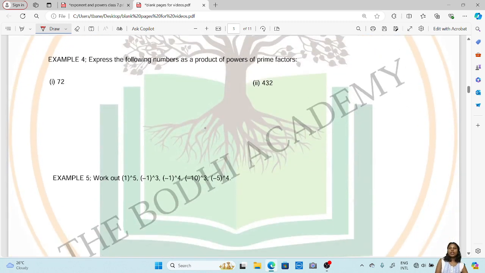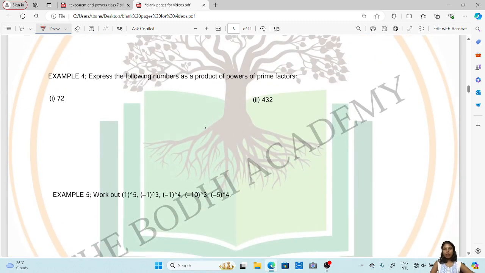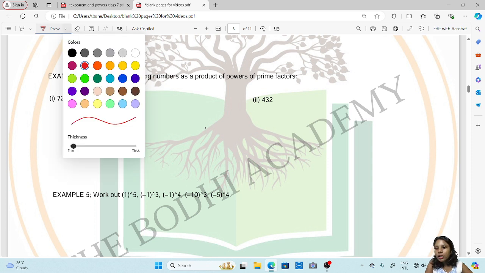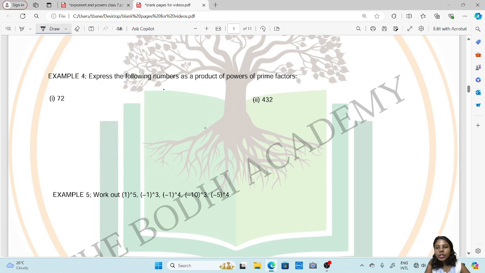Now let's try to express the following numbers as a product of powers of prime factors. So now here what we are going to do is we'll start by taking out the LCM, that is, the lowest common multiple. 72 we have.